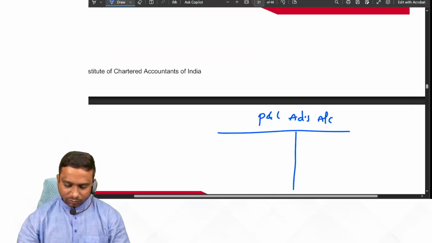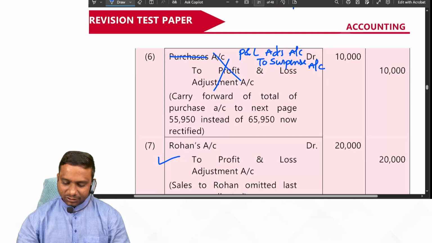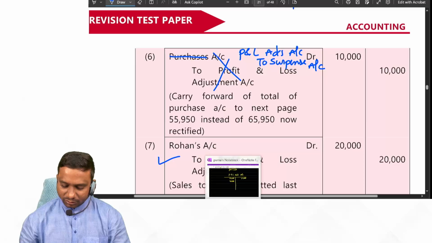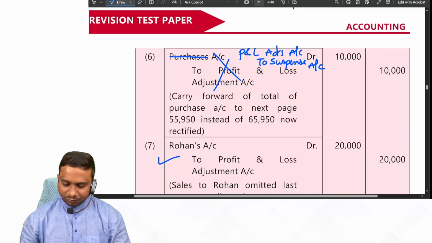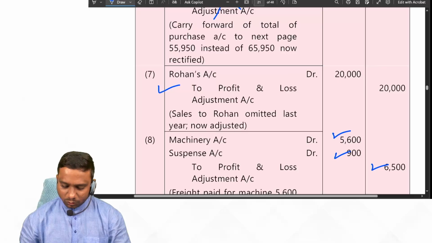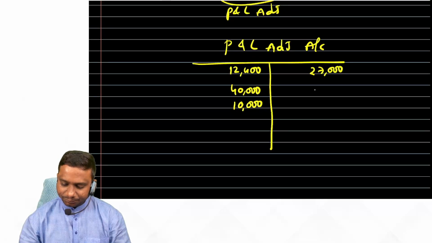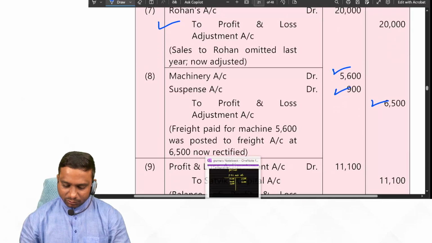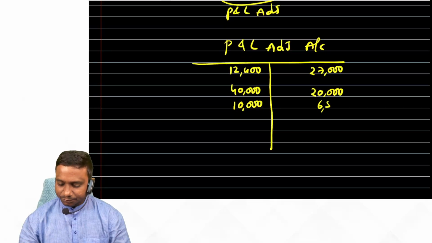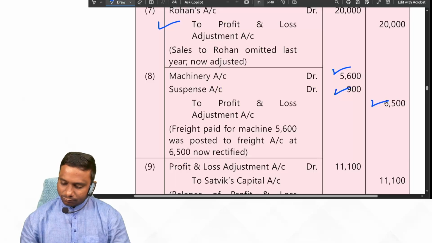Next entry, no entry. Yes, P&L adjustment to suspense, debit 10,000. Next, credit 20,000. Next one, credit side 6,500, 1,500.